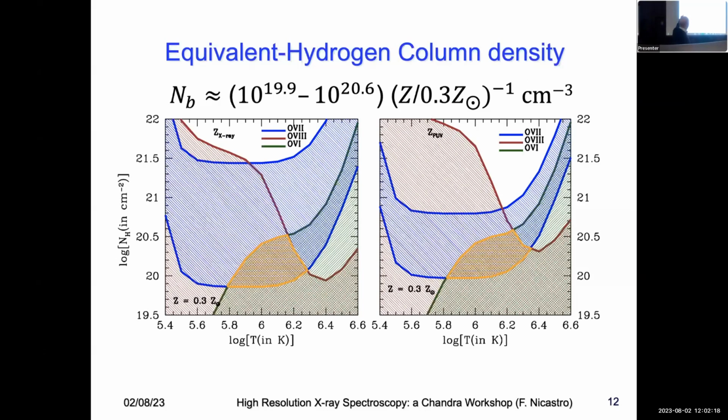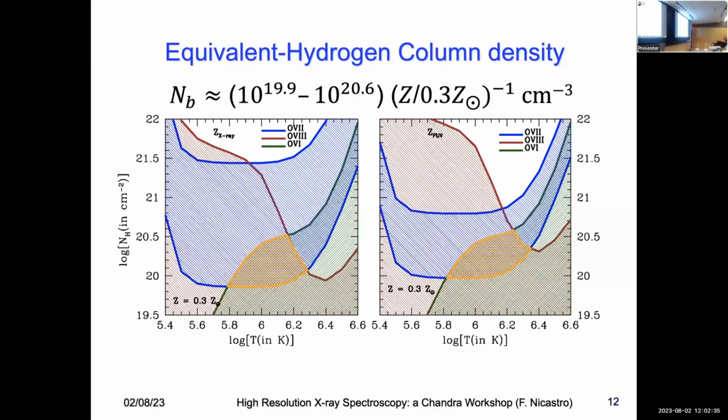And the first thing we did was to measure, since we have K alpha and K beta, we could get a column density of oxygen-7, an upper limit on the oxygen-8, and the green line is the column density of the oxygen-6 seen in the far ultraviolet.